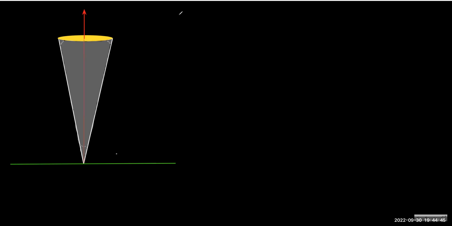The actual height is capital H. Although radius is not required, let's say radius is small r, and the mass is capital M, or you can say small m, whatever, having uniform density.